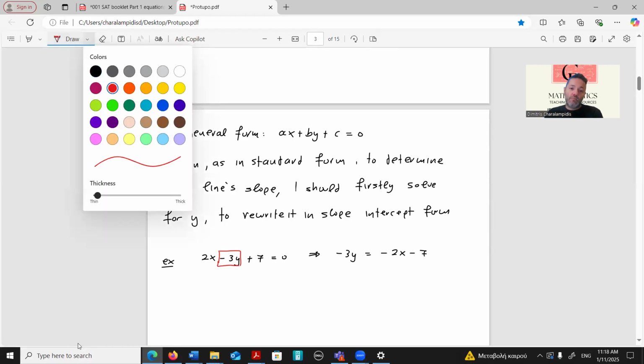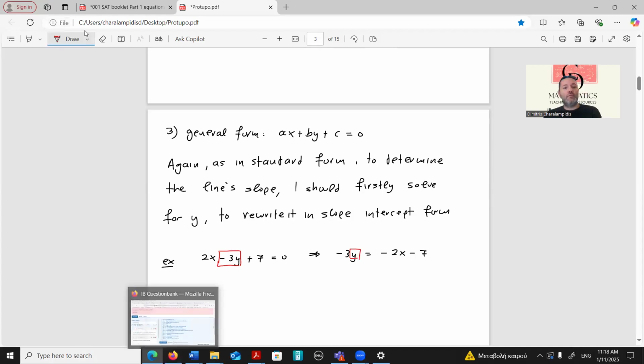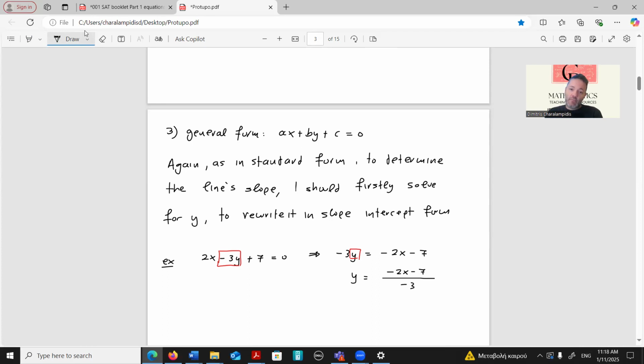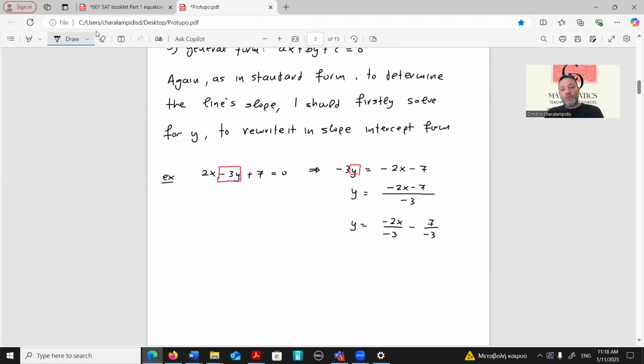Now I'm going to solve for y, which means that I'm going to divide both sides by negative 3. And I'm going to split it in a more proper way and do some operations. This is the same as minus 2 over minus 3 x plus 7 over 3, which is the same as 2/3 x plus 7 over 3.